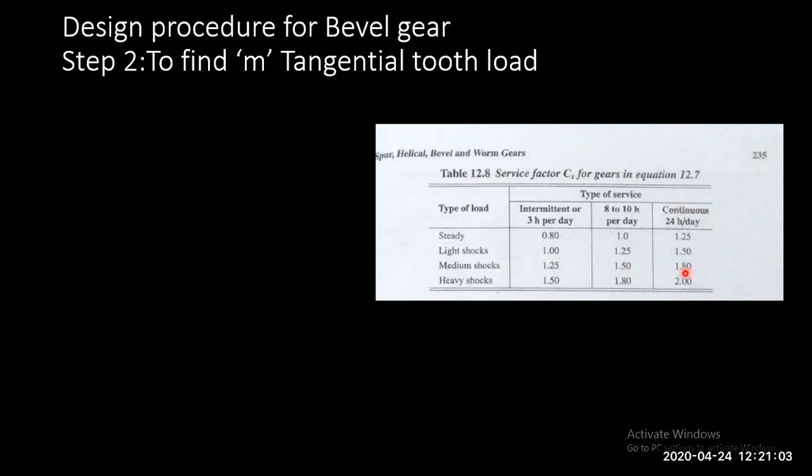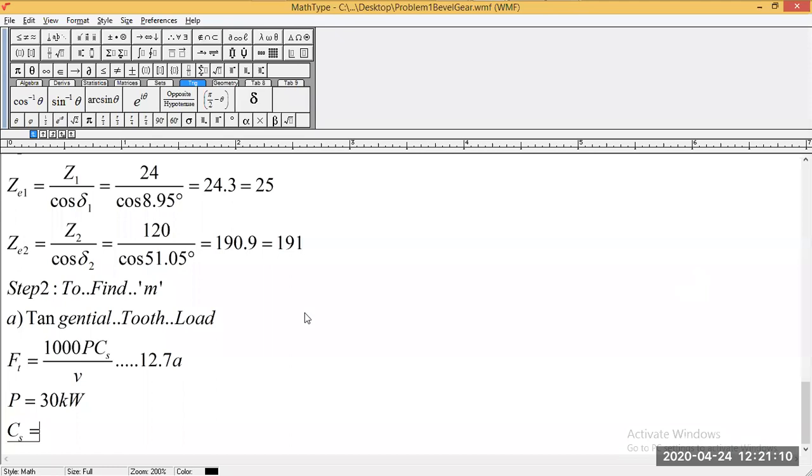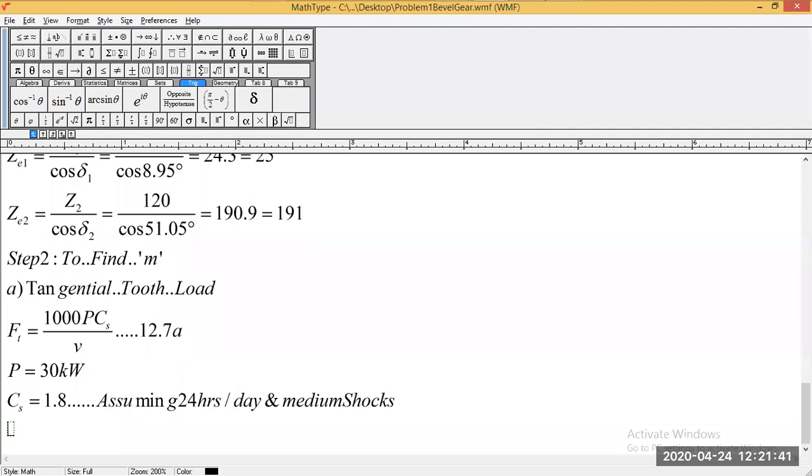So we'll take the value 1.8, assuming 24 hours per day and medium shocks, and this data we get from table 12.8, right?